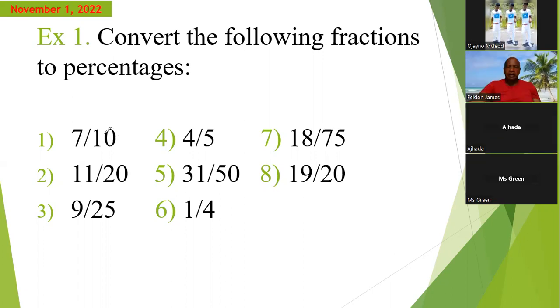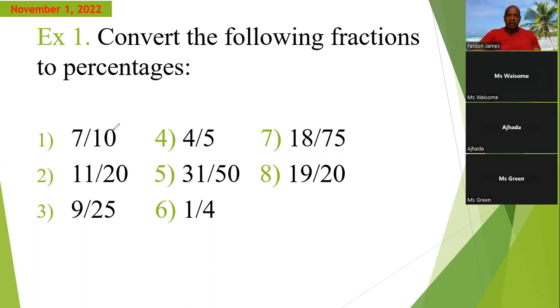So just quickly give me the working out for this one. We just want to go through them quickly. So this one would be what? 70. We are just timesing each of these fractions by 100. 70%, sir. So all right, the first one would be 70.